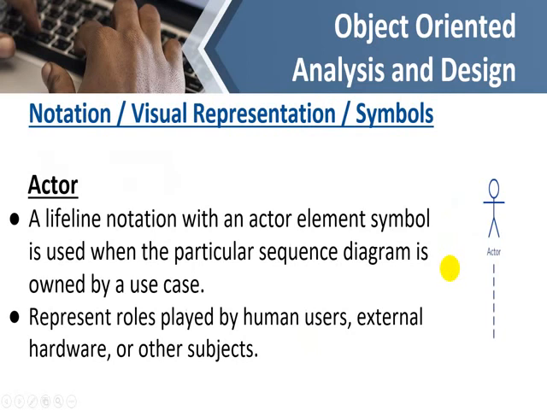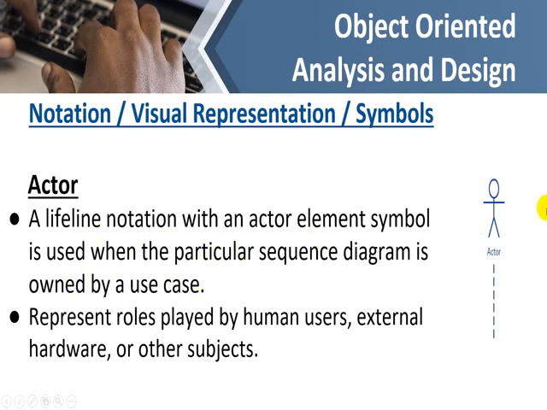Actor: a lifeline notation with an actor element. Now here we have an actor. Normally nowadays we are using just a rectangle over here and we write inside that rectangle, but this is the real notation to represent if the user is a person. A lifeline notation with an actor element symbol is used when the particular sequence diagram is owned by a use case.